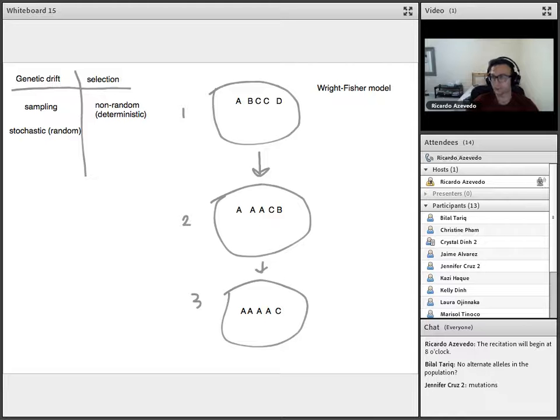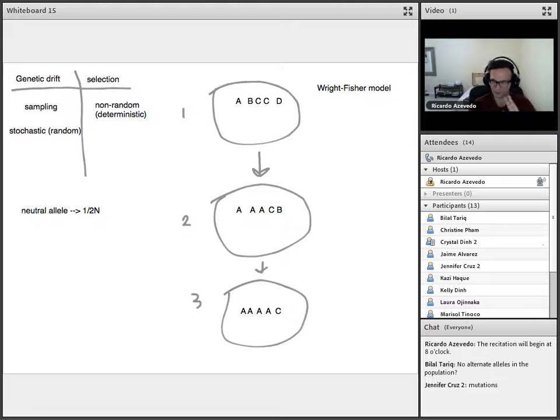If we had a diploid population and a new mutation that resulted in a neutral allele appearing in the population, the initial frequency of that allele would be 1 over 2n. The population is diploid, so everyone carries 2 sets of chromosomes, with one copy of each allele on each set.